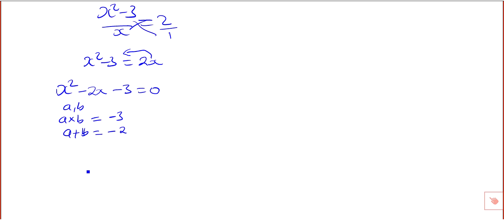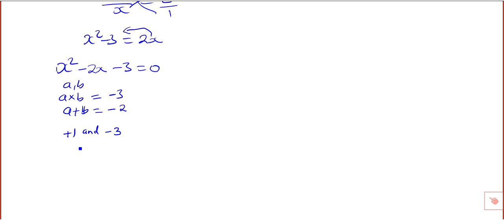Now what are these values? I believe the two values are positive 1 and negative 3. So I'm going to slot in these values to replace the value at the middle.